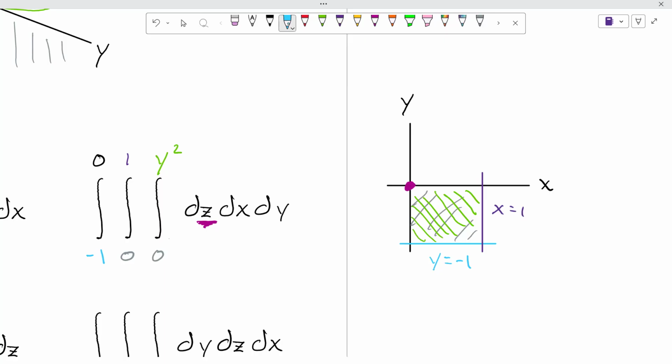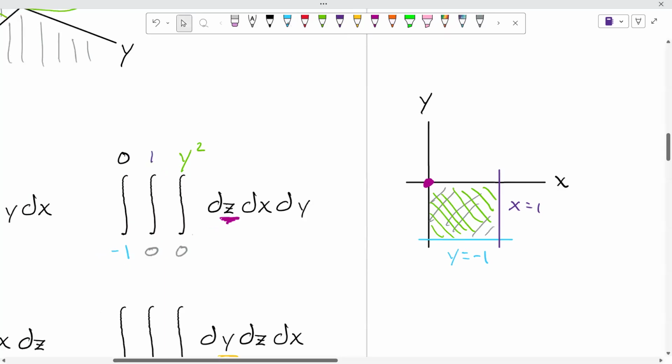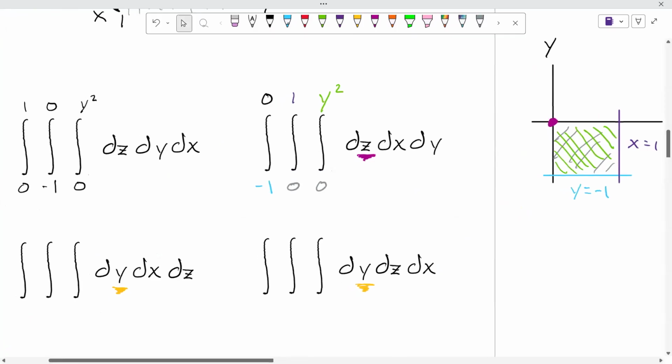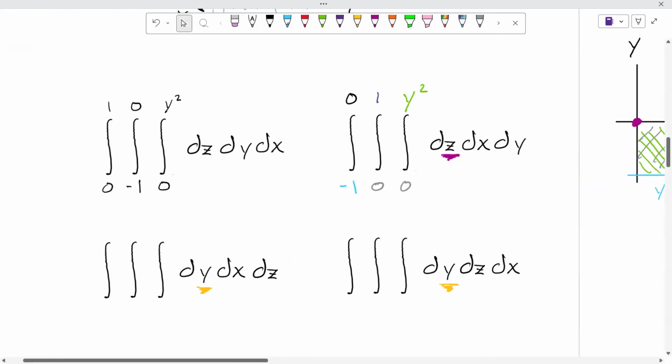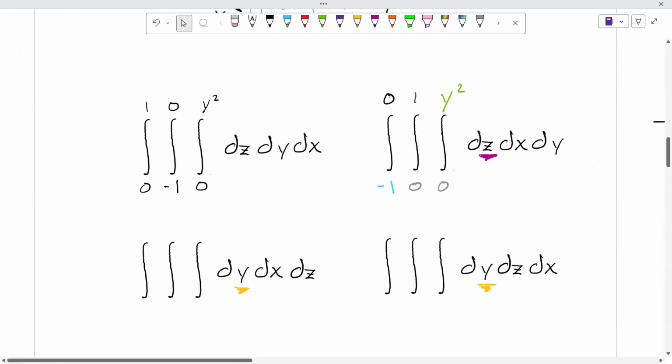So the order between x and y won't end up mattering, except that we have to put it in a specific order because that's what the problem wanted. But yeah, so I think that's the first couple of orders. So for the next one, we're going to look at y first.